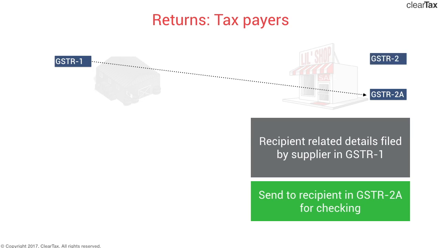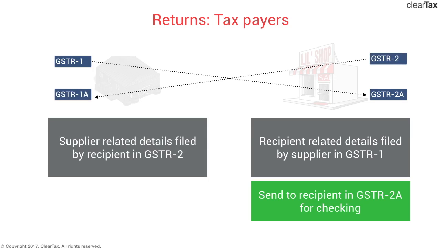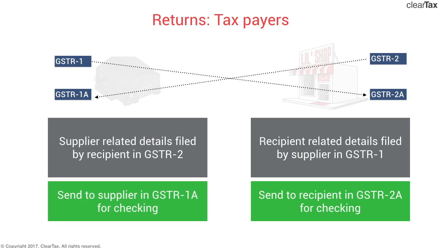Similarly, for the supplier to check the details that the recipient has filled in GSTR 2, GSTR 2 auto-drafted picked out information related to supplier is sent to him in GSTR 1A for checking purposes.